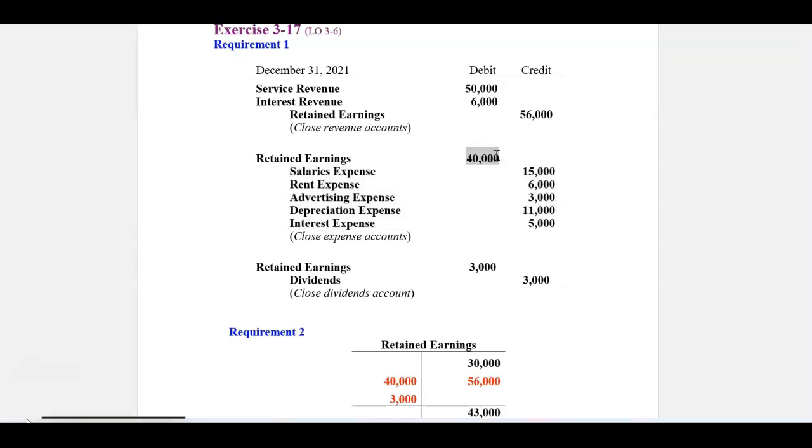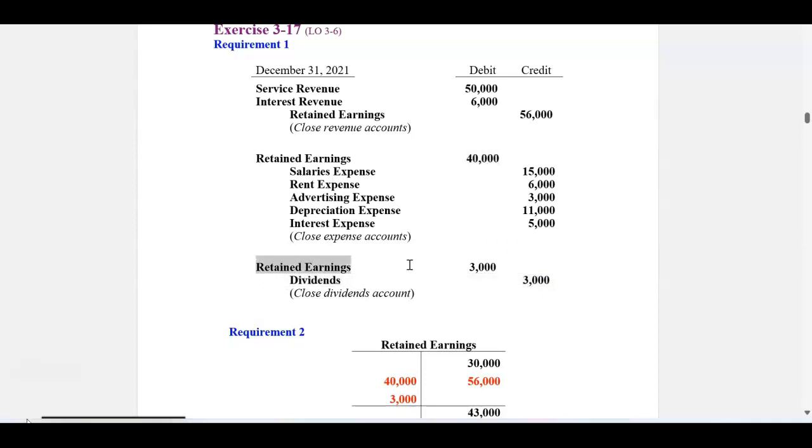So far, so good. All expenses and revenues are closed. Post them into the T account. Obviously, every journal entry needs to be posted. And then the last thing you need to close is dividend into retained earnings. So close the dividend into retained earnings.